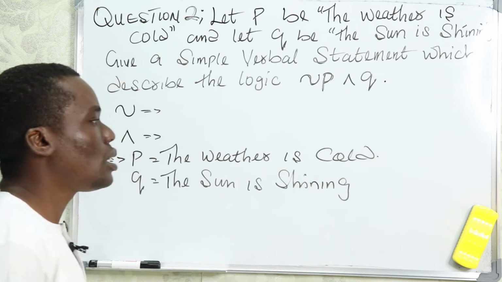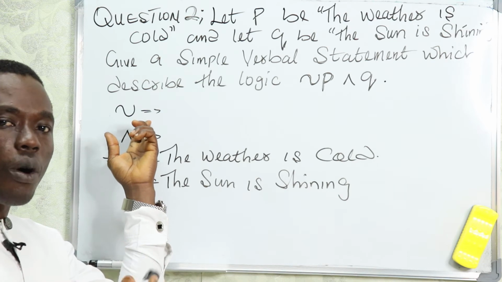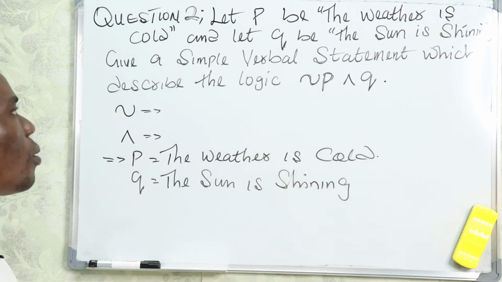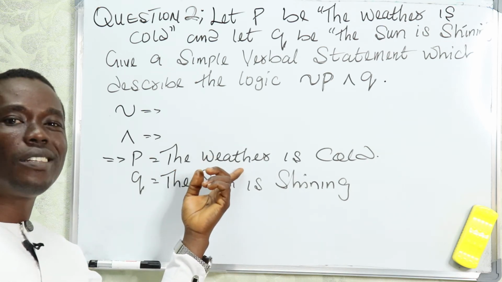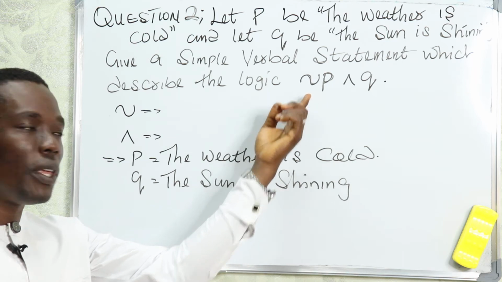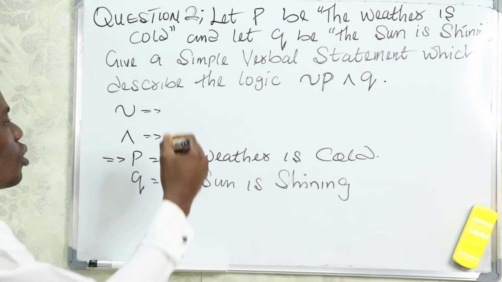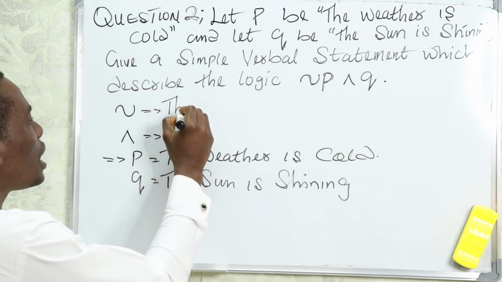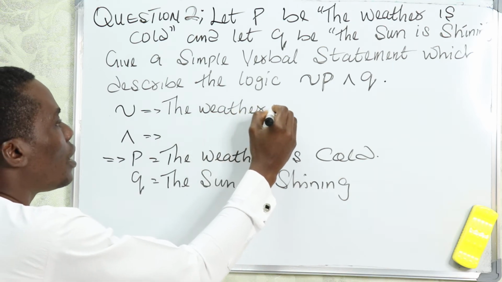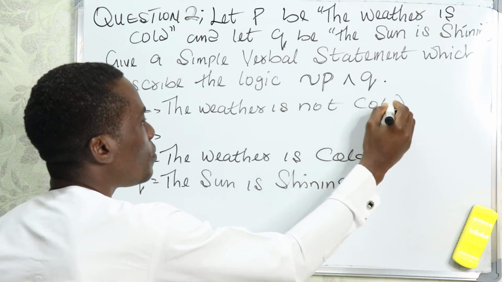Now from these two statements, negation of any statement means the opposite of that statement. Since P is the first to come, we are going to consider the first sentence, because we are looking at the negation of P. So if P is the weather is cold, then the negation of P will be the weather is not cold.